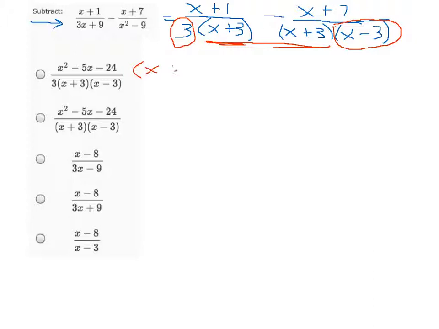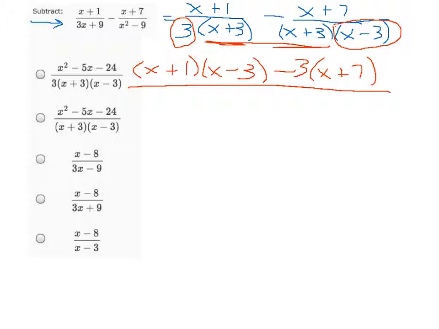We have x plus 1 times the quantity x minus 3 minus the quantity of x plus 7, and that is multiplied by 3. And that is over our common denominator of 3 times the quantity x plus 3 times the quantity of x minus 3.